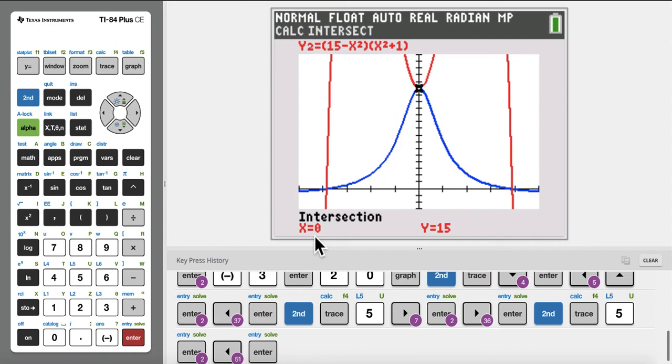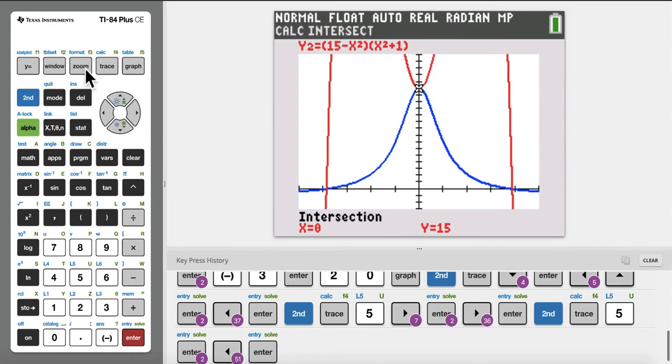So that's how you enter functions in, change the window, as well as find points of intersection and zeros. One last thing before we leave: when you turn your calculator on the next time and you want to graph, we just mess with the window. And maybe you want it to be back to that regular -10 to +10. One way to clean up your graphing window is to go to zoom.